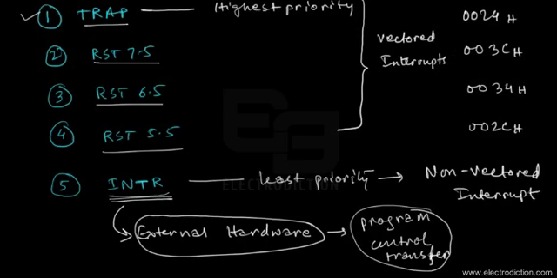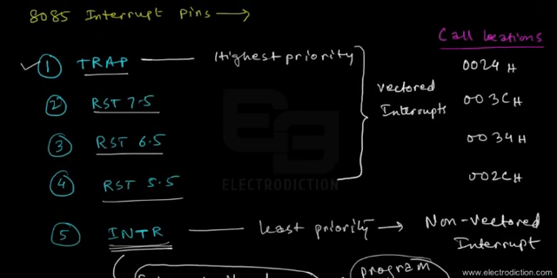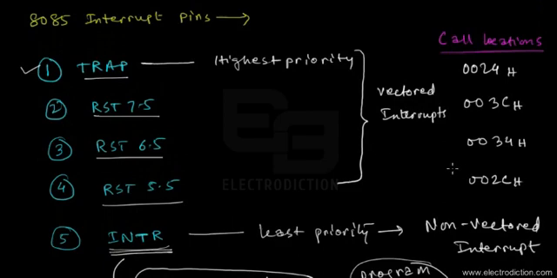Now there's one more thing I'd like to add over here, the concept of maskability. What do I mean by the term maskability? Masking something means hiding it, right? Whenever there is an interrupt request on the TRAP pin, the 8085 cannot ignore it under any circumstance. So it is non-maskable, meaning it cannot be ignored.